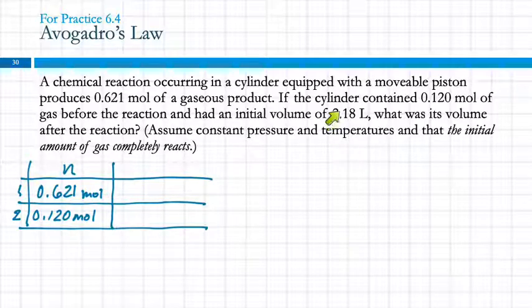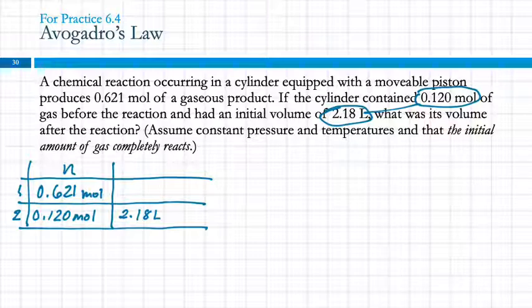So this 2.18 liters is the initial volume, and this is the moles of gas before the reaction. These two numbers go with each other, so 0.12 moles and 2.18 liters. These two are related. Now I ended up calling those 2, even though that's the first condition. Doesn't matter. I just need to pair them up correctly.